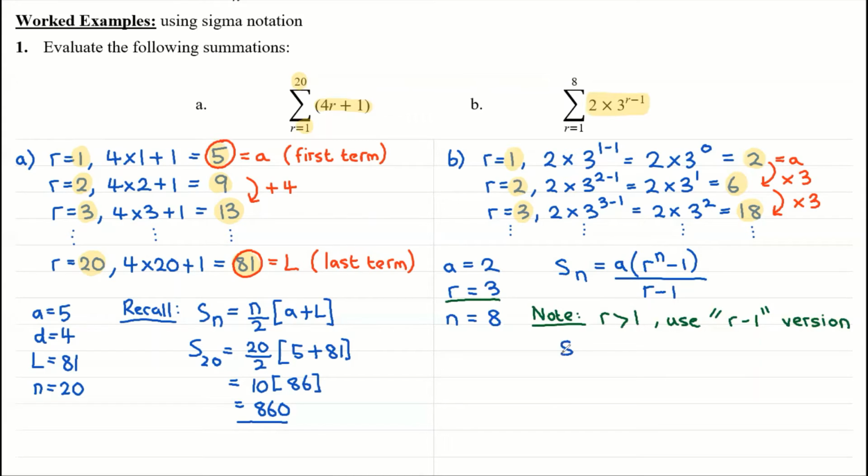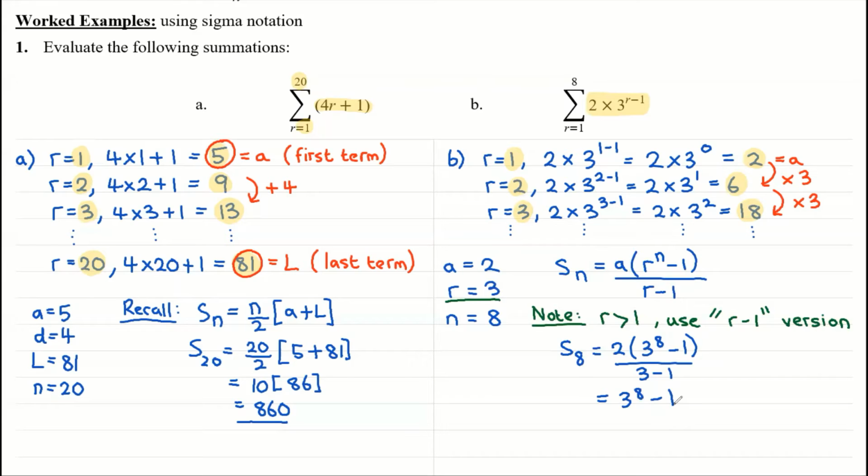So S8 is going to equal a, so that's going to be 2, multiplied by 3 to the power 8, subtract 1, divided by 3, subtract 1. Well, that's going to be 2, so we're going to get some cancellation here. So 2 over 2 is just going to be 1, so this is going to just be 3 to the power 8, subtract 1.